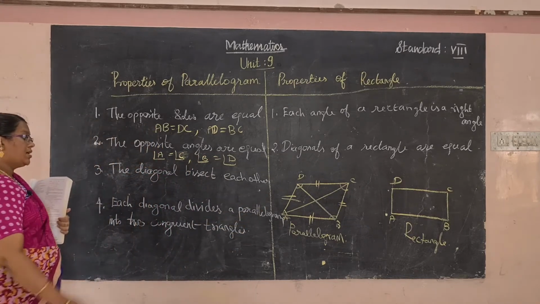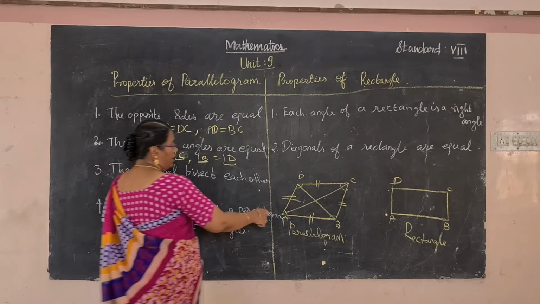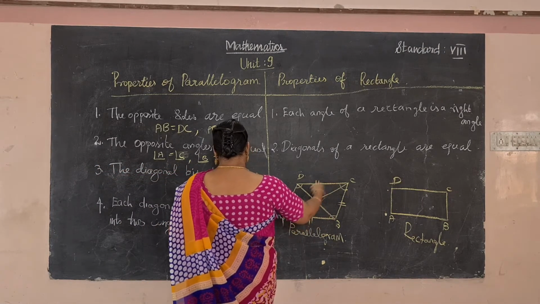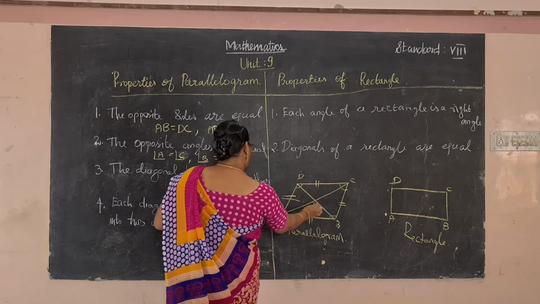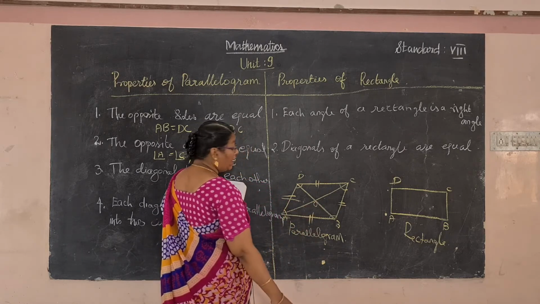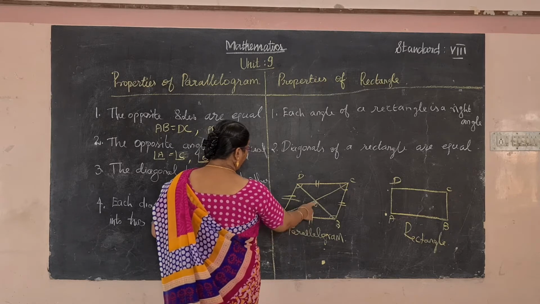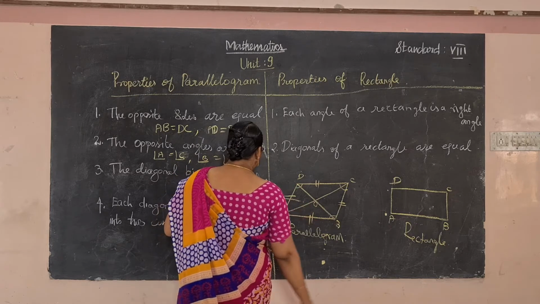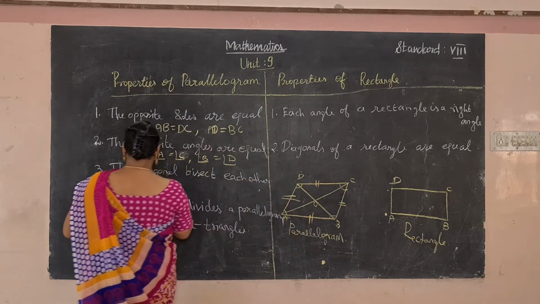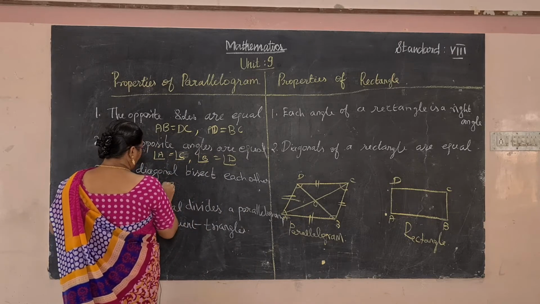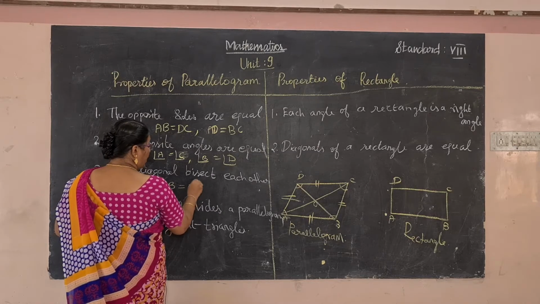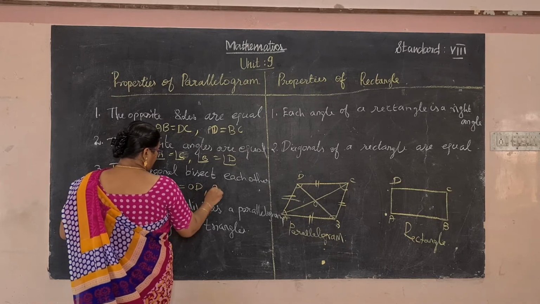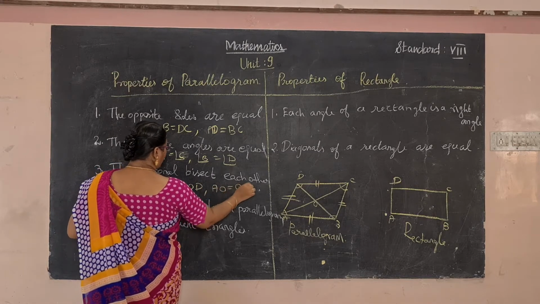The diagonals bisect each other. Bisect means divide equally. For example, if the diagonals intersect at the point O, then OD and OB are equal, OB is equal to OD. At the same time, AO is equal to OC.